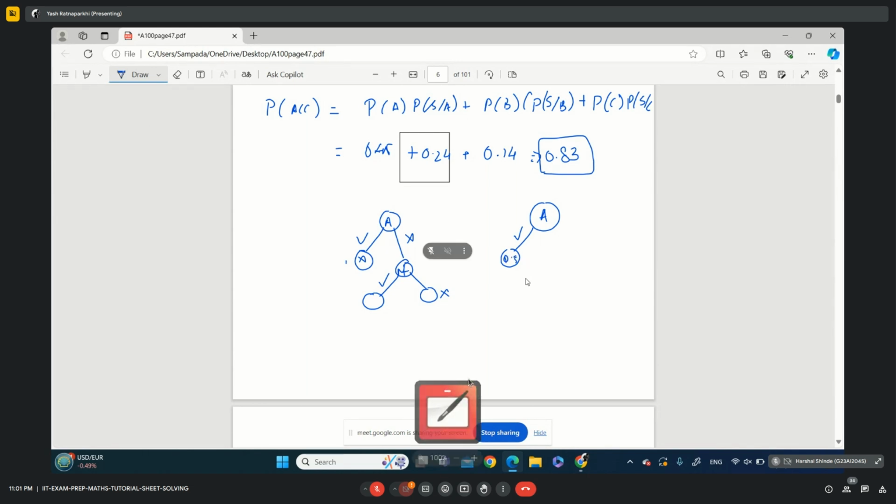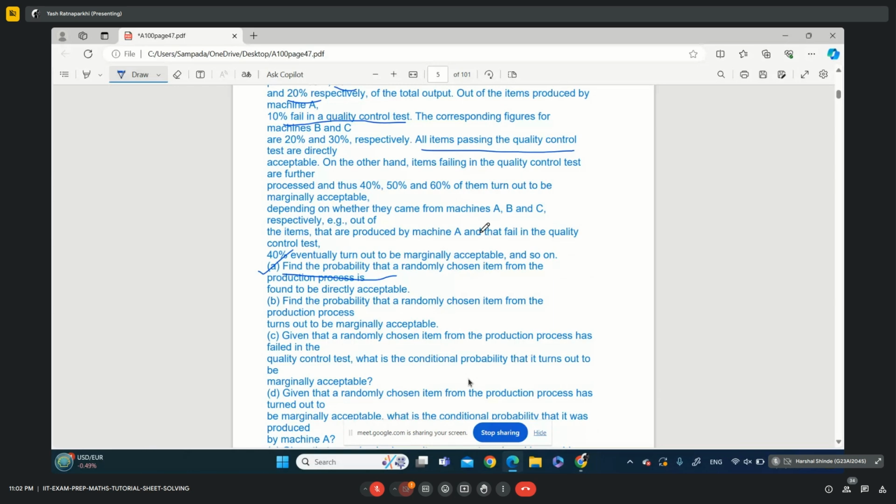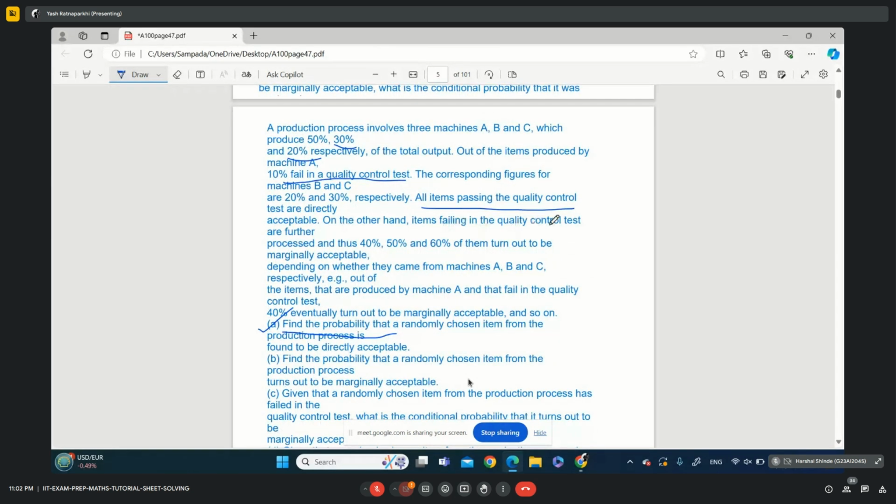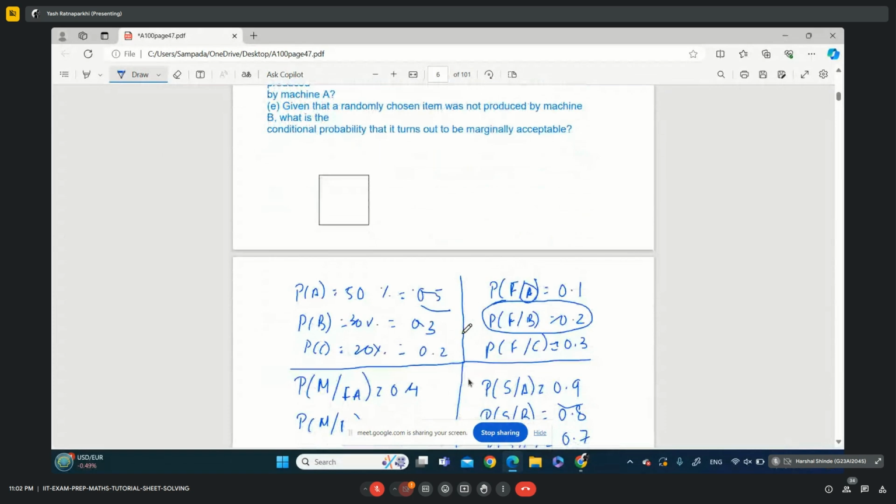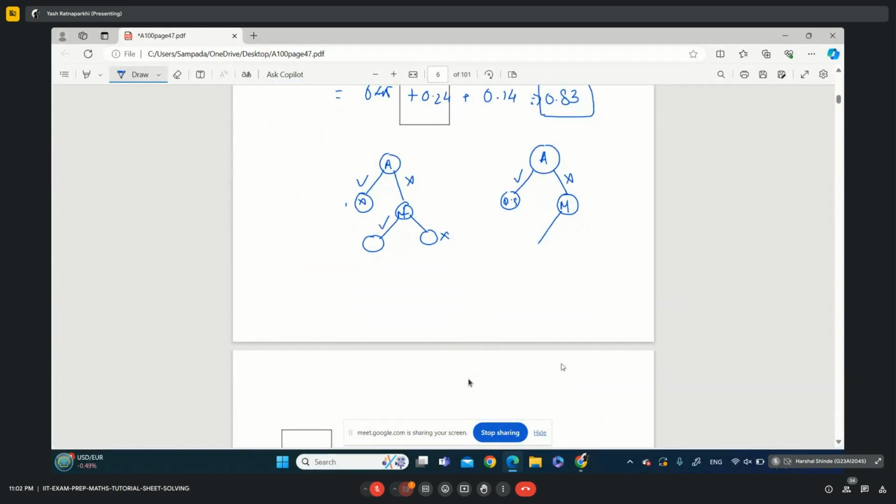For the failure part, if it fails, then I have two cases, and I go with marginal probability. In the question it is written that if the item fails the control test, then they are further processed, and 40, 50 and 60 percent turn out to be marginally accepted. That means 40% is marginally accepted, and otherwise it is marginally rejected.